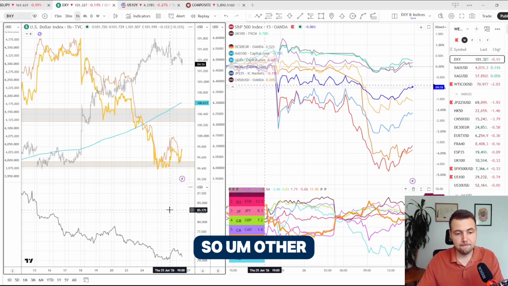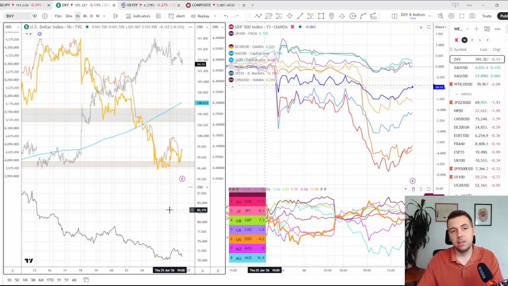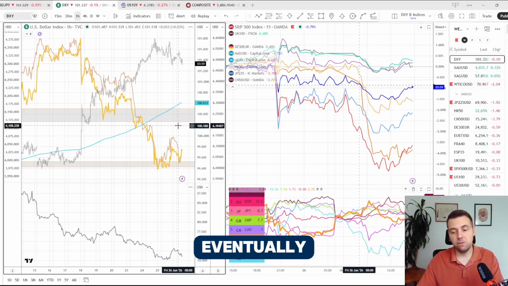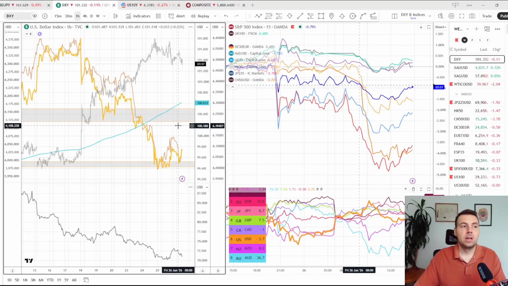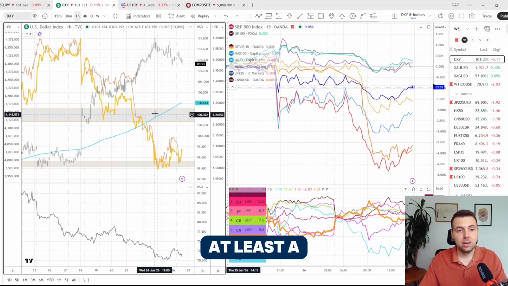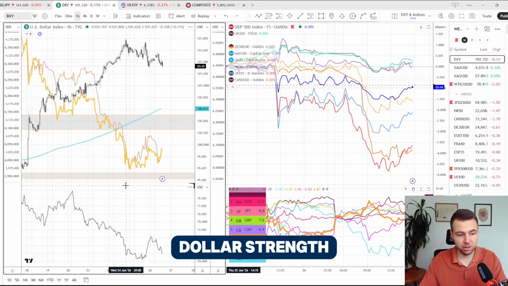So other than hawkish sentiments, there is not much left for the dollar to stay high at this point. So I believe eventually there should be a pretty decent, at least a correction to the recent dollar strength.